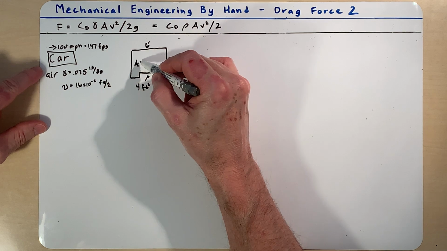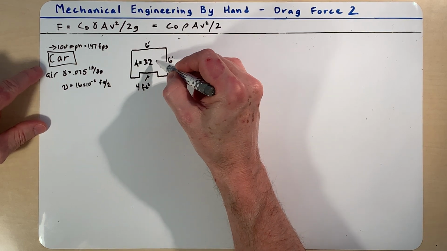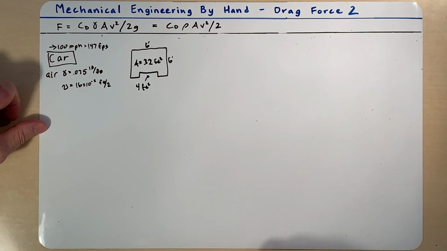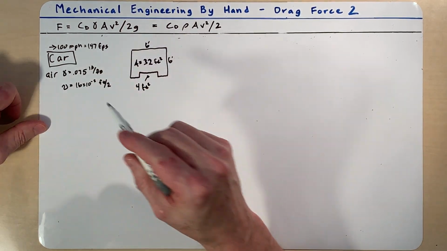So that area would be 36 minus 4, or 32 feet squared.